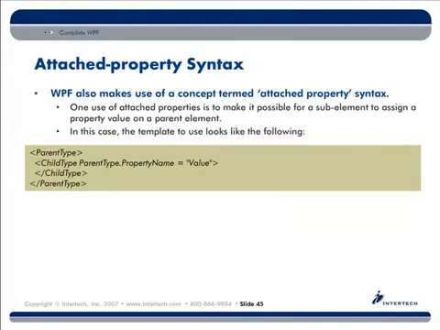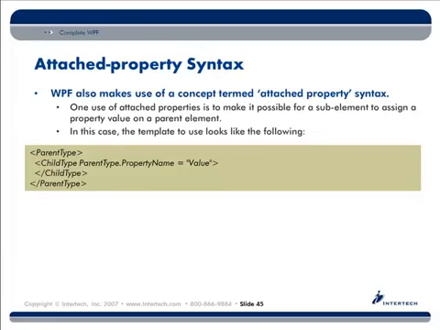Here's another bit of XAML syntax which is pretty pervasive: attached property syntax. Here is the short answer. You will really care about this when you're defining layout systems, right? Grids and dock panels and canvases. They all make use of this particular syntax called attached property syntax.